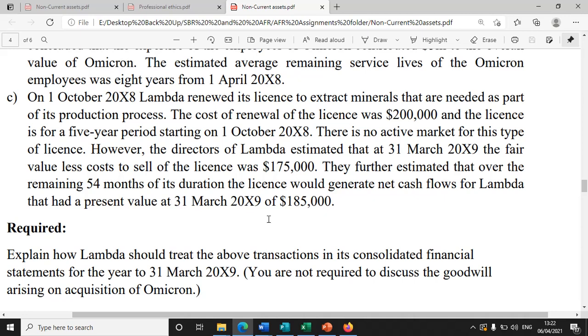So the license should be initially recognized at cost of 200,000. Amortization is to be done over 5 years, so 200,000 divided by 5, then you multiply that by 6/12 to get your 20,000.